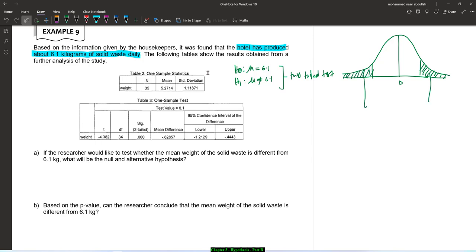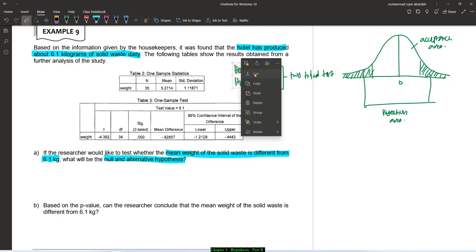So this is the rejection area, and this is the acceptance area, right? So the question number one: if the researcher would like to test whether the mean weight of solid waste is different from 6.1 kilo, what will be the null and alternative hypothesis? So this is the null and alternative hypothesis, right?